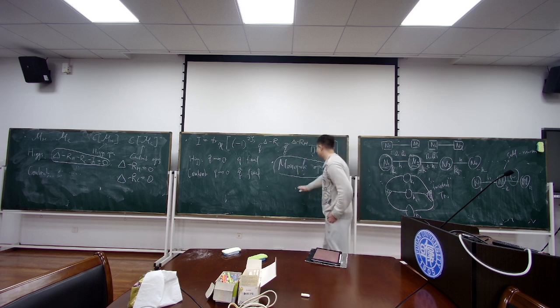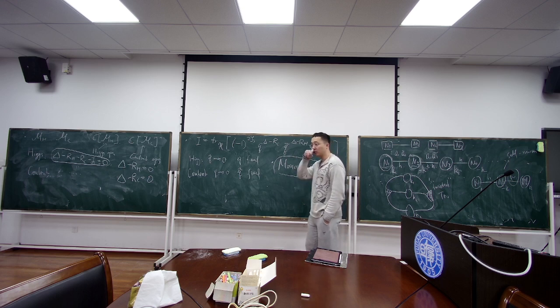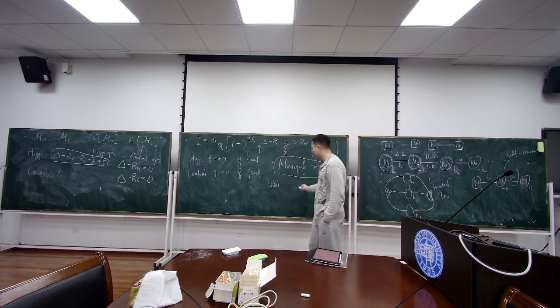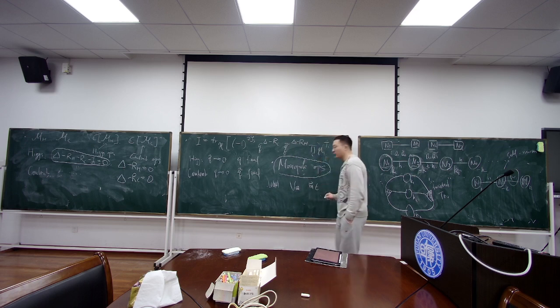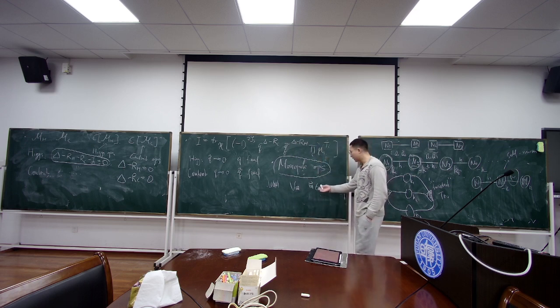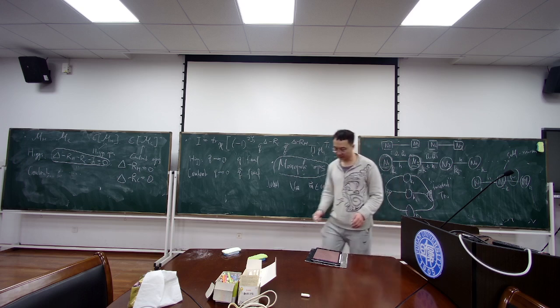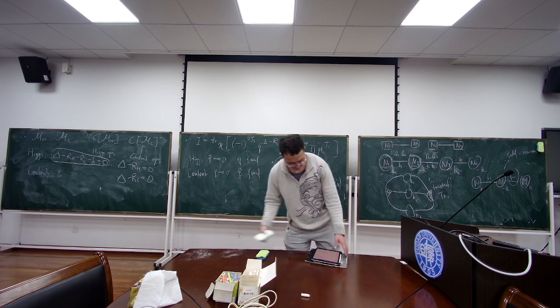So for monopole operators, I mean for each gauge group, we can have a monopole operator labeled by V_m, and this m is some monopole charge which lives in the co-weight lattice of the gauge group G.